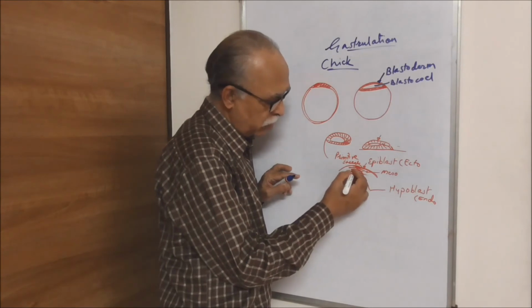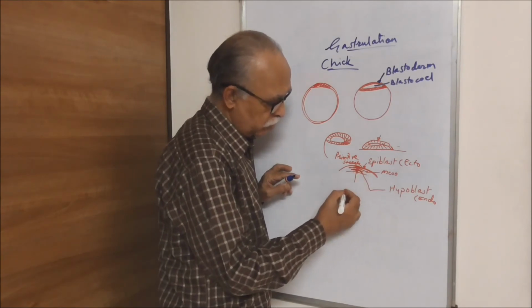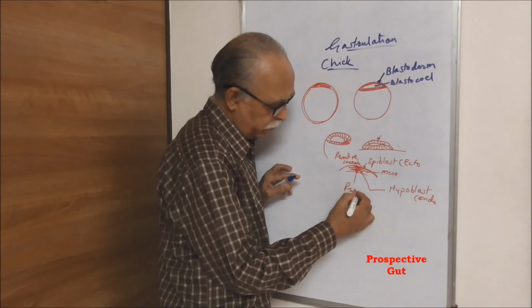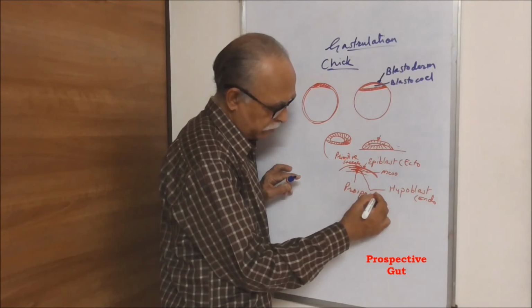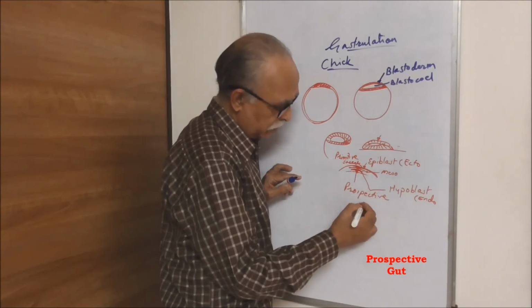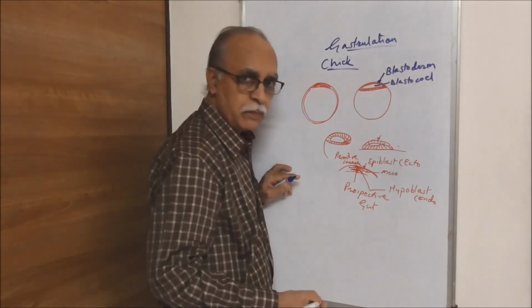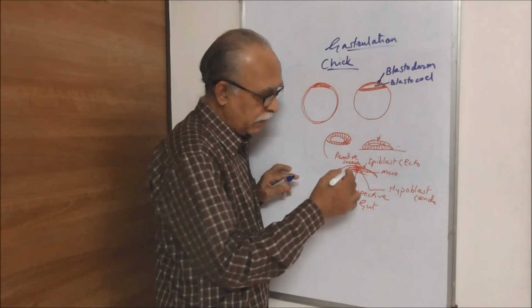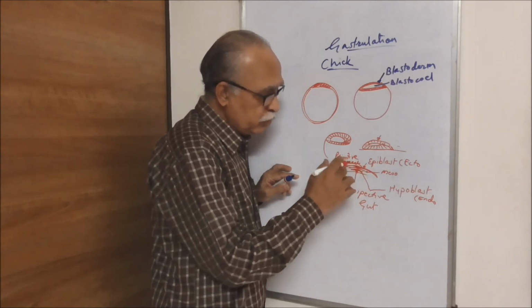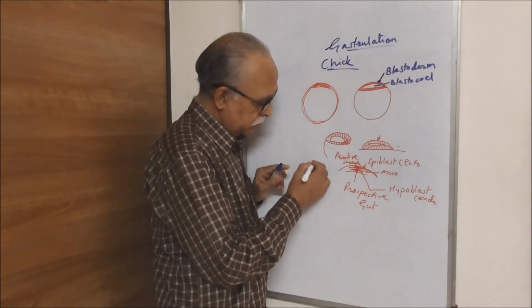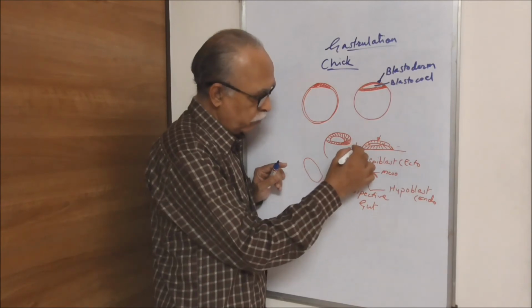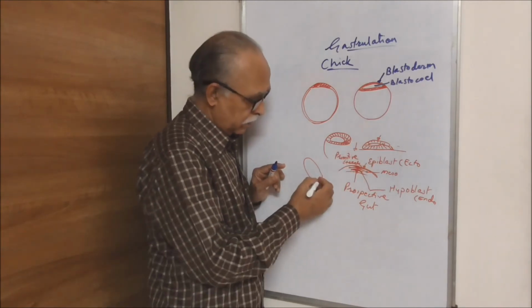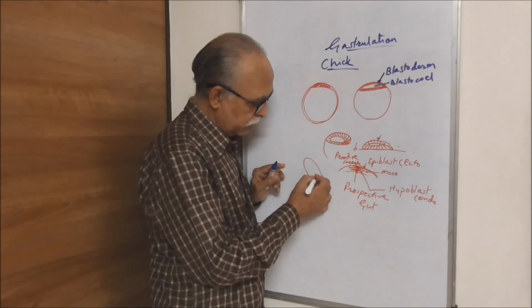And there is a small region here which is going to be the prospective gut. Prospective gut. And in the primitive streak, or let us see, this is going to be the upper view from here. This is the primitive streak initially.